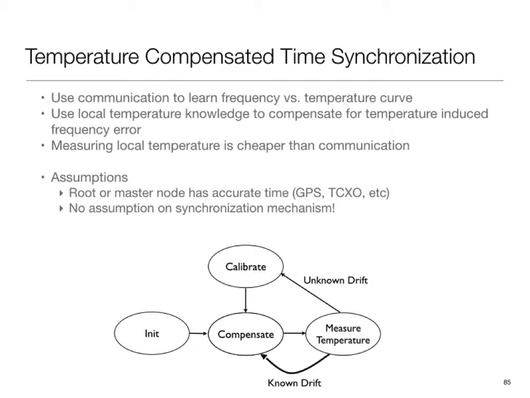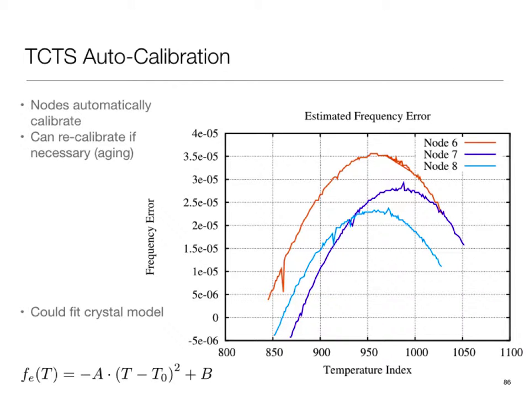So in effect, you get the effect of a TCXO without the cost of the TCXO by doing this online calibration. So these kinds of ideas have emerged. I just described one piece of work, which I think gives you the idea. The other thing is these approaches can also compensate for other effects which affect clock quality.